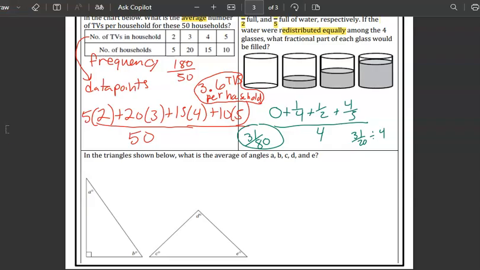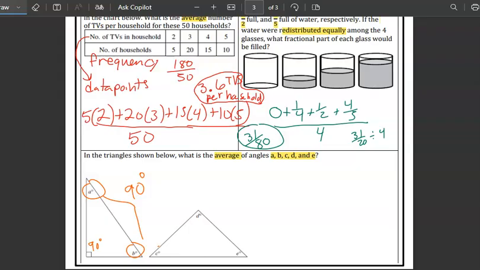In the triangle shown below, what is the average of angles A, B, C, D, and E? So what we know about these is that A and B added together is going to give you 90 degrees. Since the whole triangle is 180 degrees, and this is already 90.